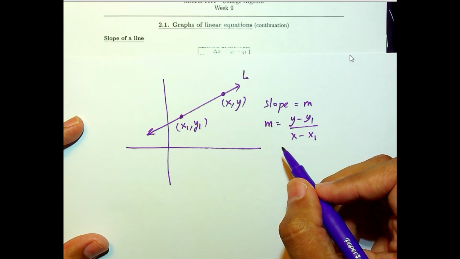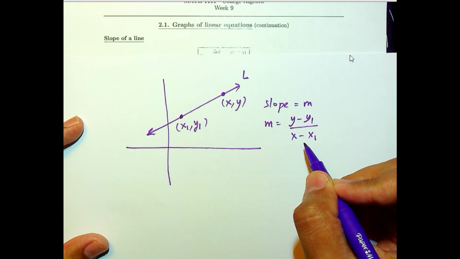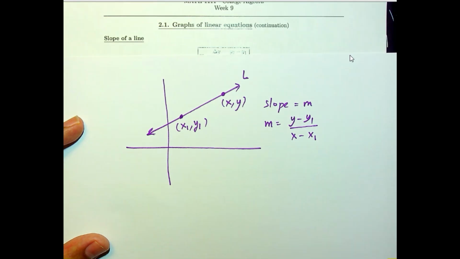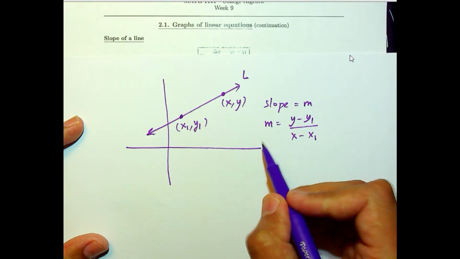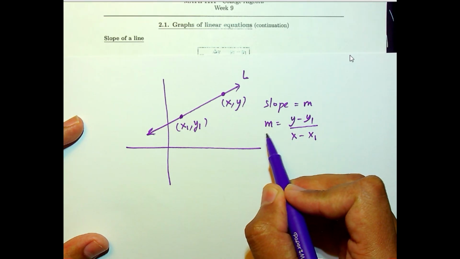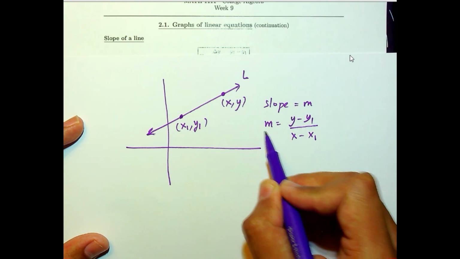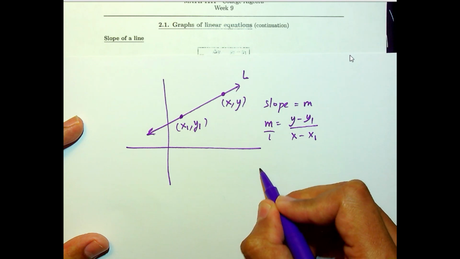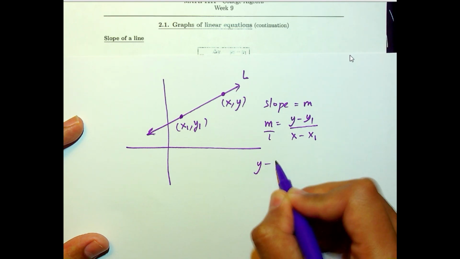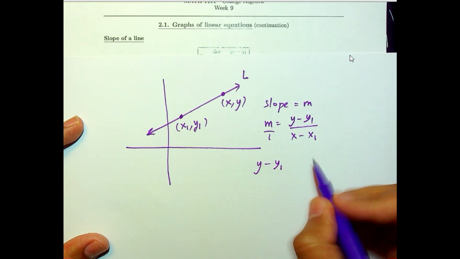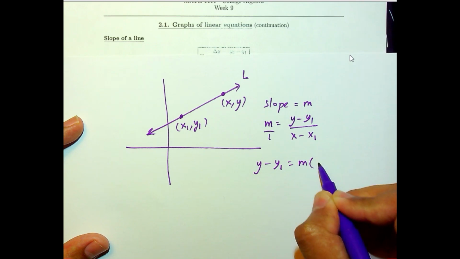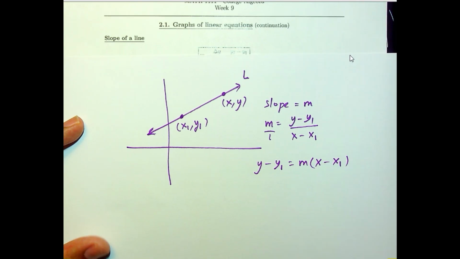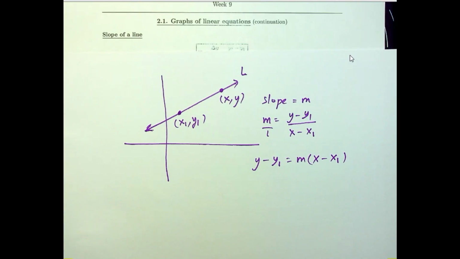Now, if you multiply both sides by x minus x1, or another way of thinking about it, imagine that m is m over 1 and cross multiply, right? You're going to get that y minus y1 times 1 doesn't do anything equals m times x minus x1. And that right there is the equation of a line.